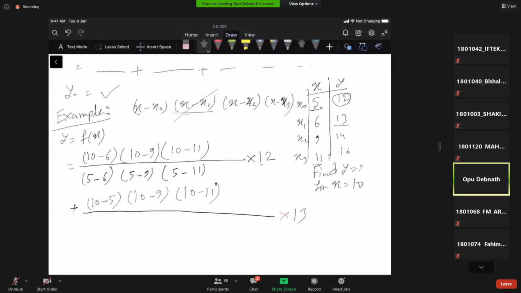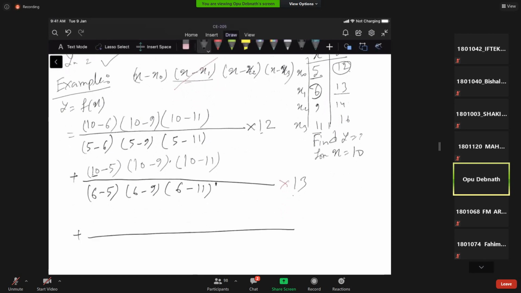In each case there are three terms, and in this case replace x by x1. 13 corresponding value is 6. So 6 minus 5 multiplied by 6 minus 9 multiplied by 6 minus 11.